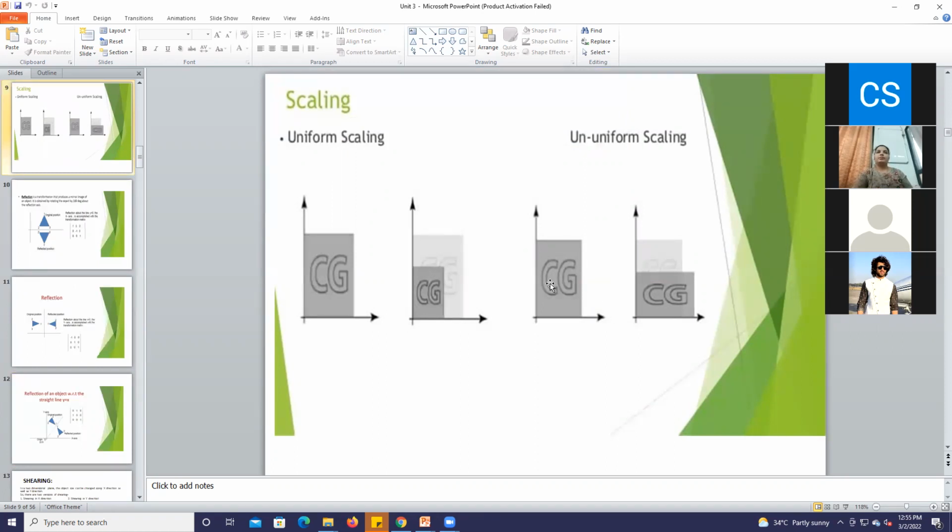And here this is your original object and this is your resultant object. If I see, it is expanded in the x direction, but compressed in the y direction. So this is the ultimate output you are going to get, which is non-uniform scaling, where along x expansion takes place and along y compression takes place.